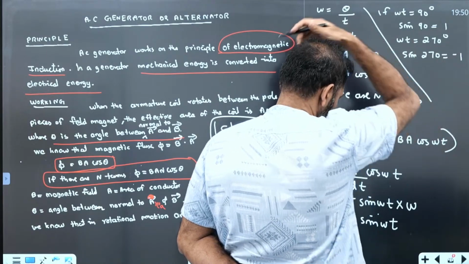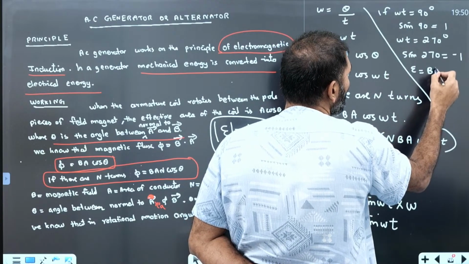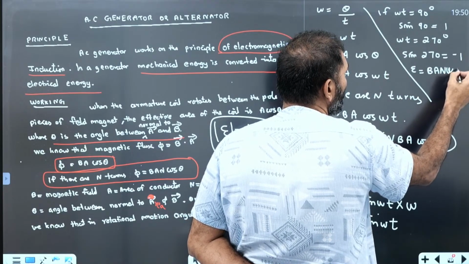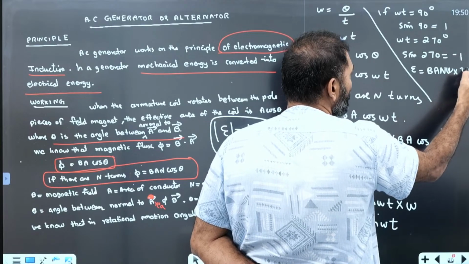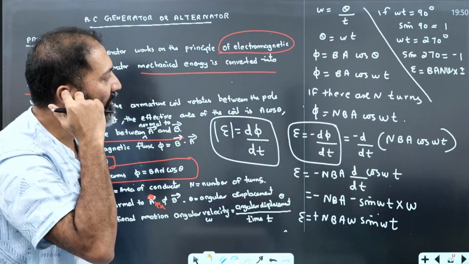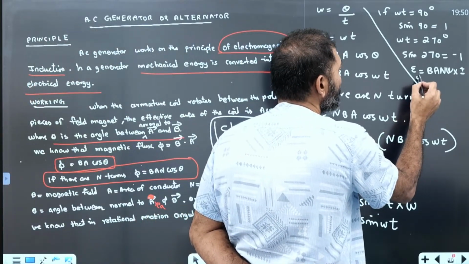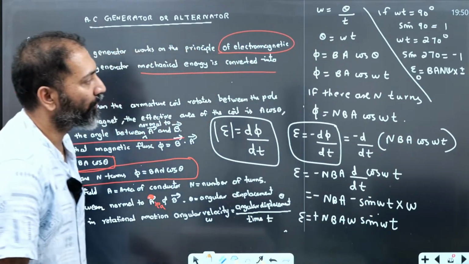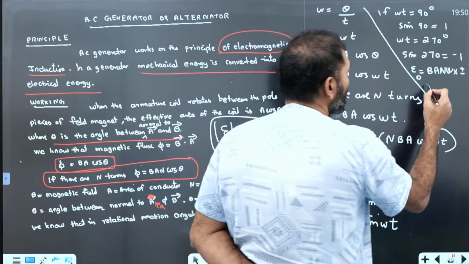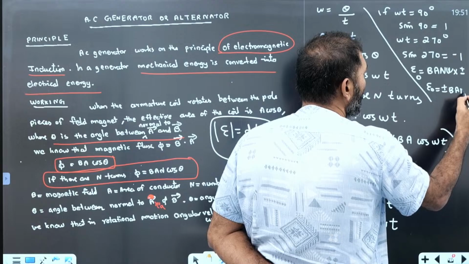Minus 1. So induced EMF will have maximum value NBA omega, plus 1 if it is 90 degrees, minus 1 if it is 270 degrees. This is the maximum value of induced EMF. For this I can write E0. What is E0? Plus or minus NBA omega.